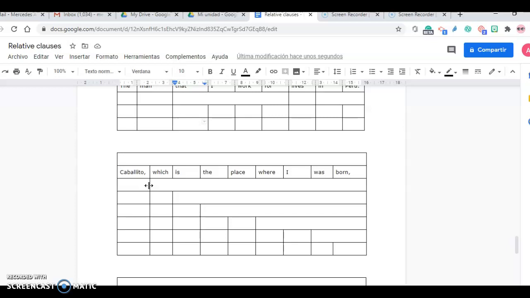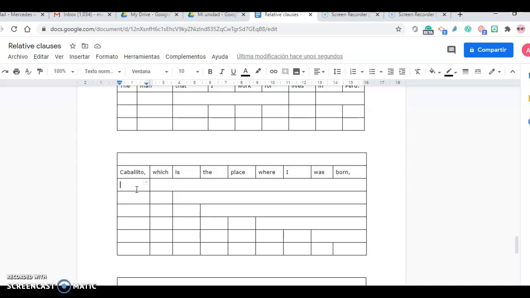Then they gave it a semantic value. There were many ways of analyzing this, but we are going to write that this is a non-defining relative clause, and that's it. We are going to just write the category, not the function. So Caballito is the head proper noun, and here this is important.